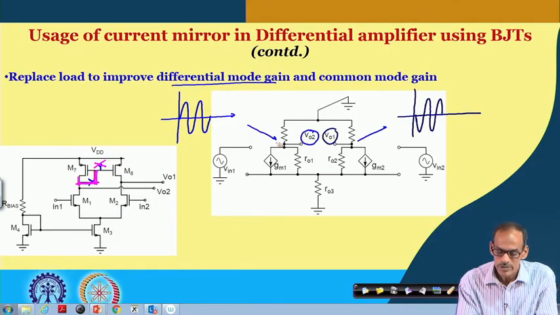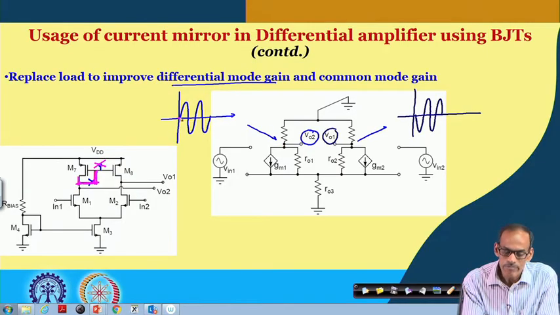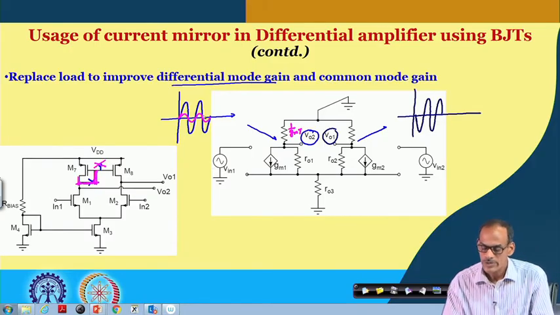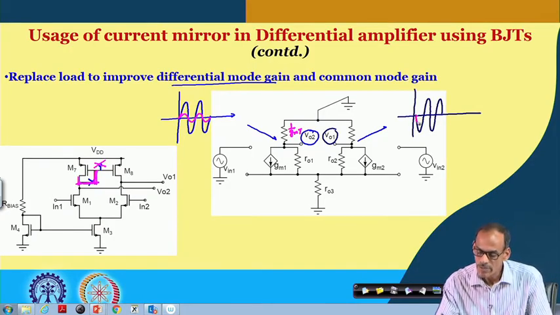So, that makes this signal much weaker, because of this diode connected transistor, its resistance becomes approximately 1 by GM7. On the other hand, this signal got amplified. It got doubled.